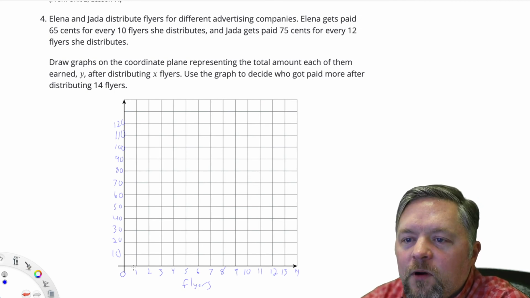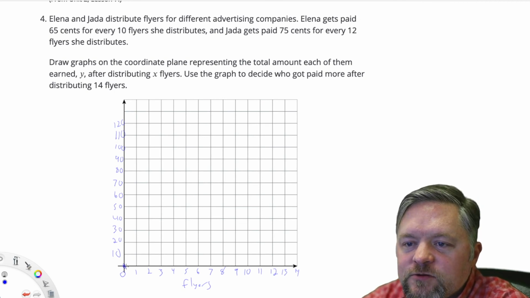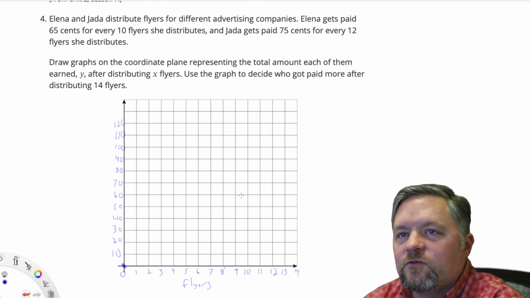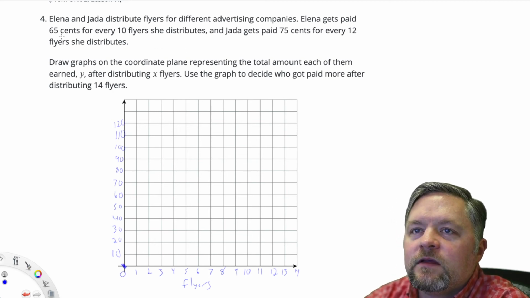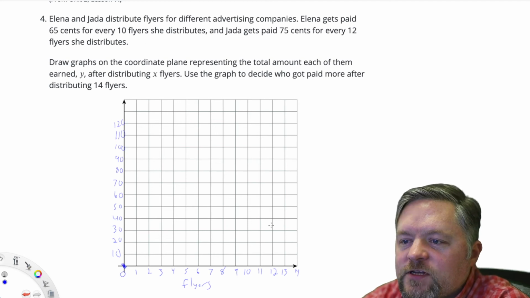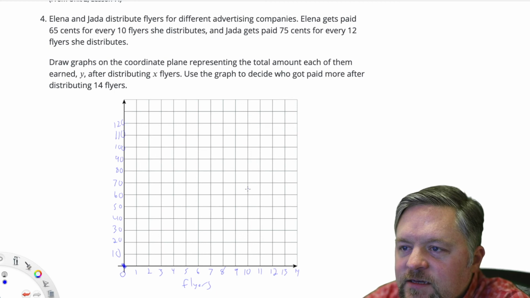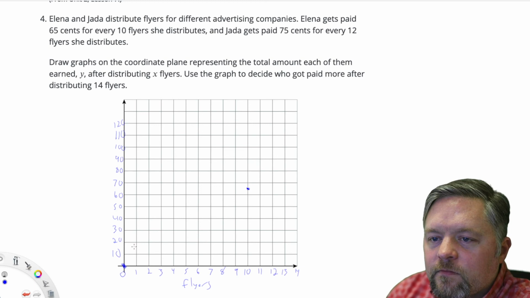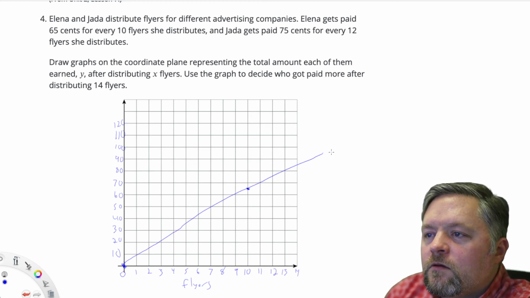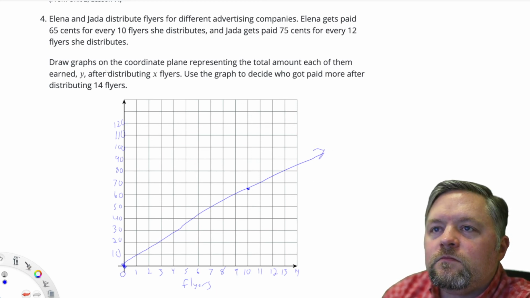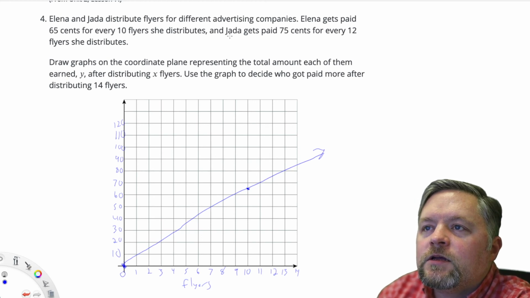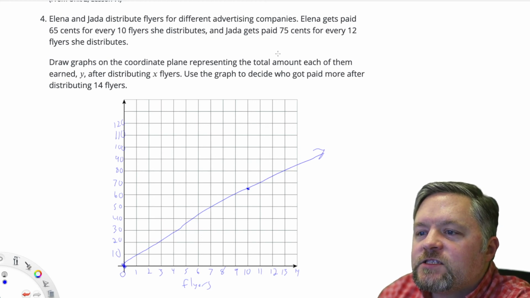We know for both of them, you distribute 0, you get paid 0. They're both going through the origin. Elena gets 65 cents for every 10 flyers. So 10 flyers goes with 65 cents. Jada gets paid 75 cents for every 12.